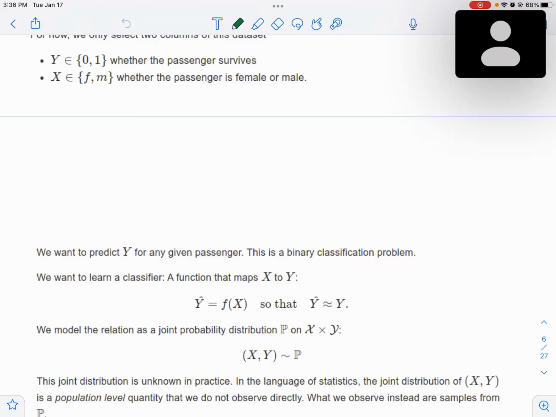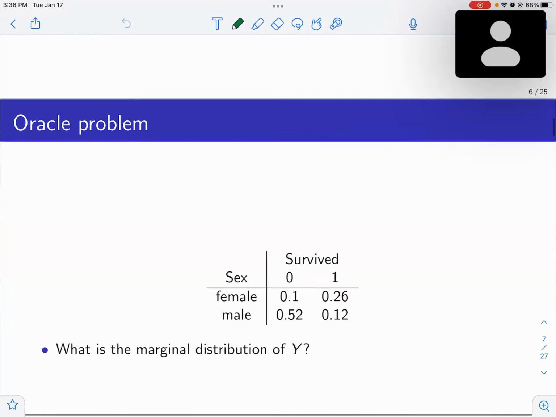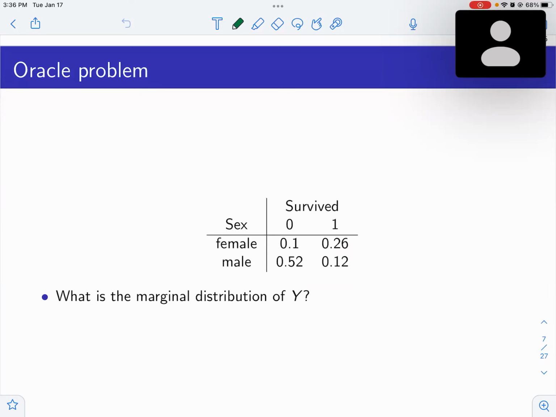Let me remind you, assume that we have this joint distribution, and we first looked at the majority rule classifier. Hopefully you remember what that was.